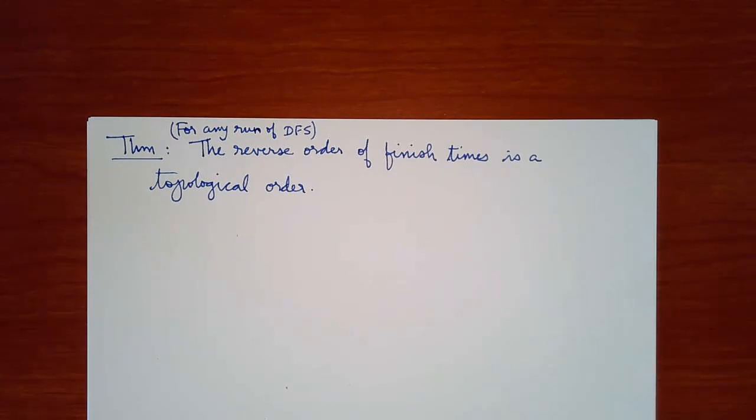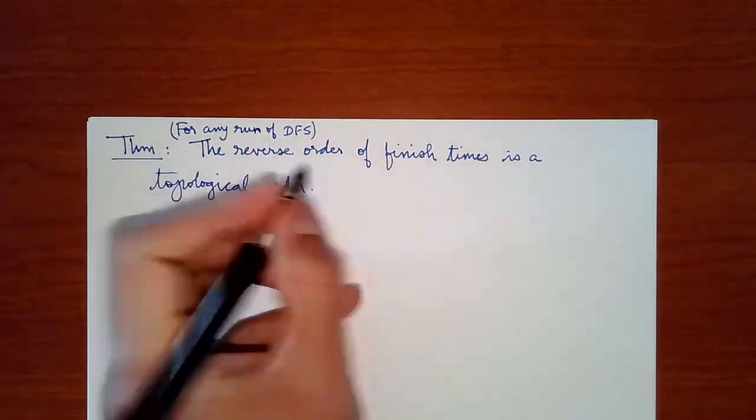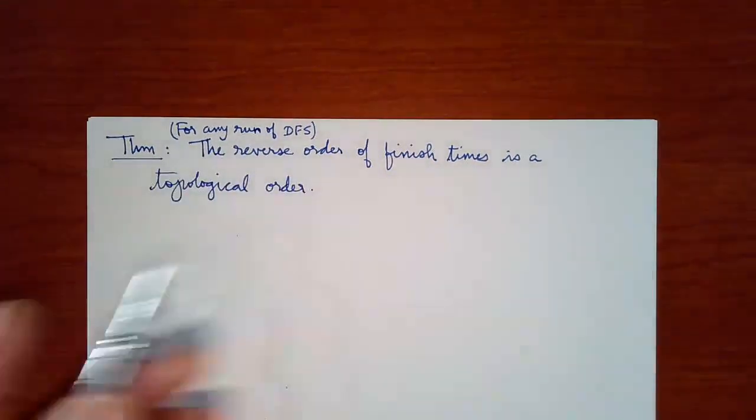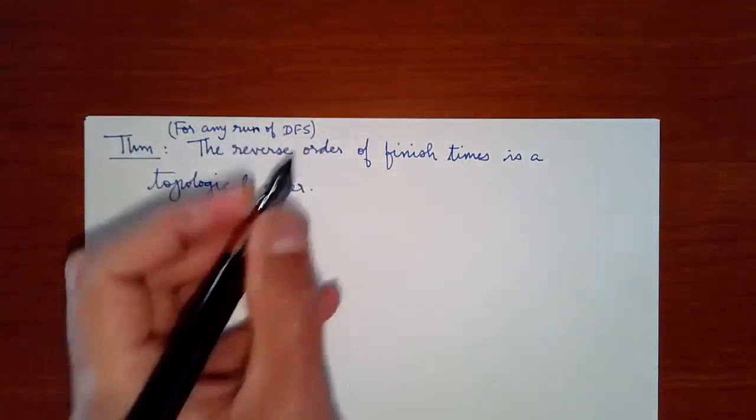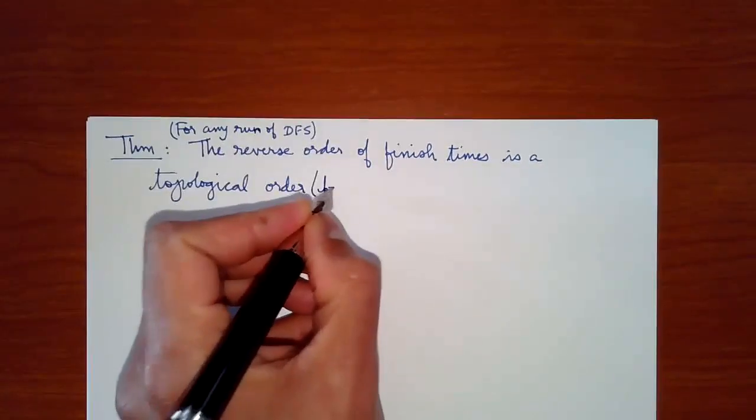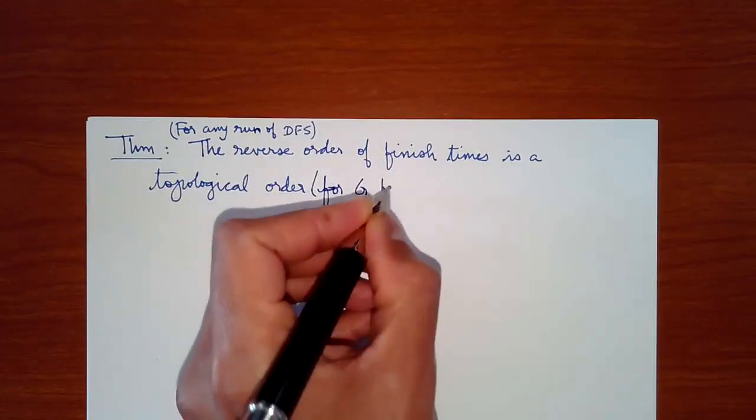Isn't that sort of a contradiction to the statement then? Because if we prove that some order was not valid, we could say that we can create an ordering like that. No. So you're right. Sorry, I should have said this: assume G is a DAG.